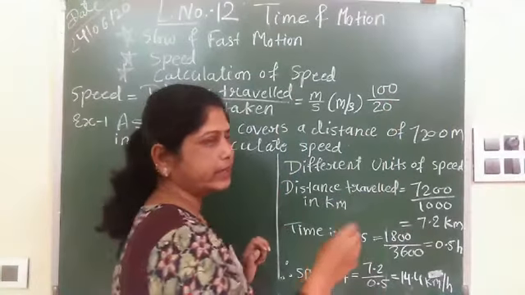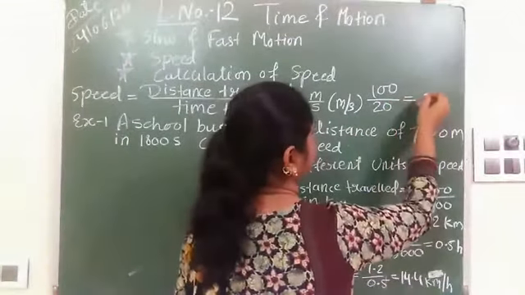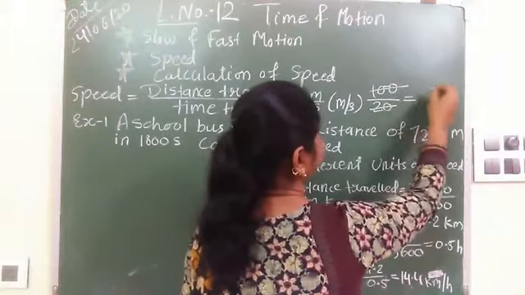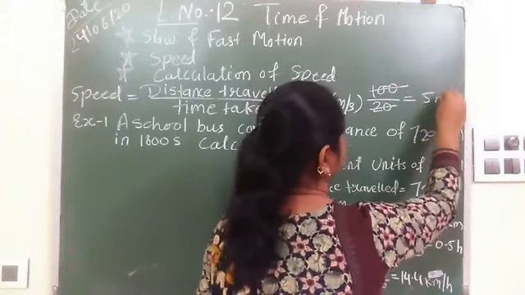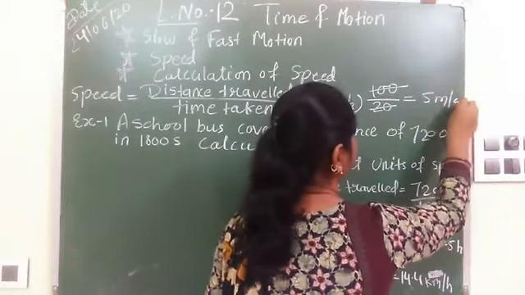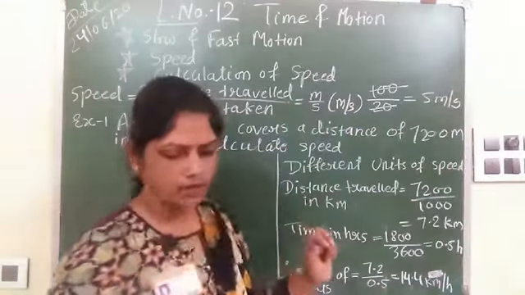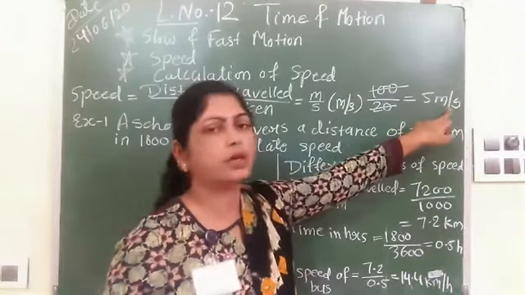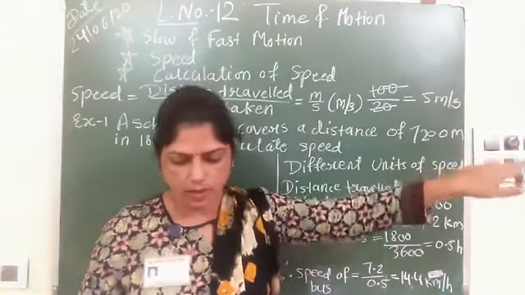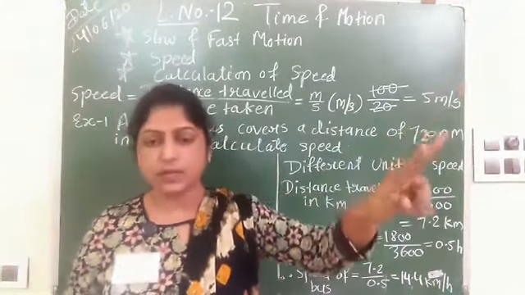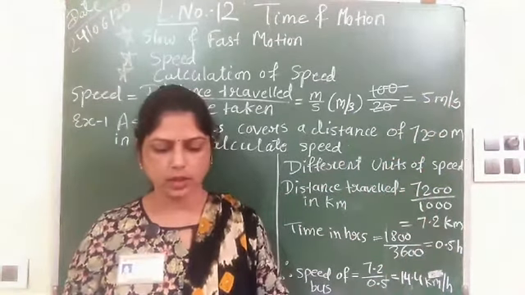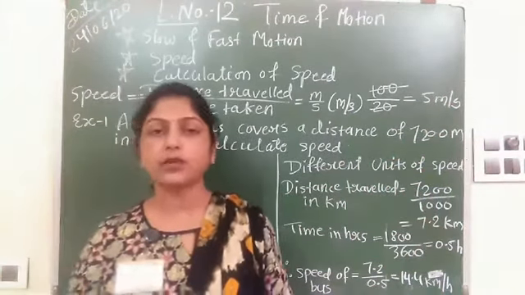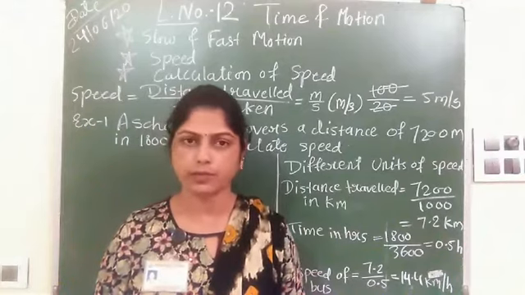So 100 by 20 comes 5. That is 5 meter per second. So Shreya ran with the speed of 5 meter per second. Similarly we can calculate the speed of Ronald, Shabina and Kirti also.